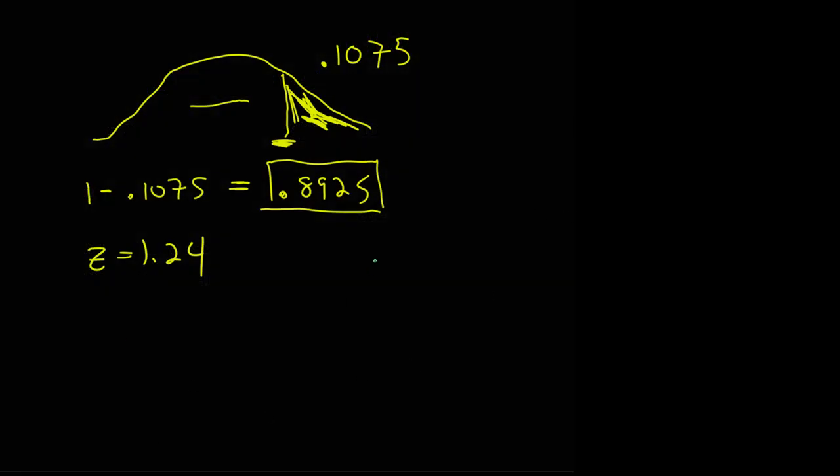Let's get some clear space here, and let's start doing some things with real data then. If we can go from a percentage to a z-score, then we're going to need to go from a z-score to the x value. And so what we need to look at to do that is this equation, which we have for the z-score.